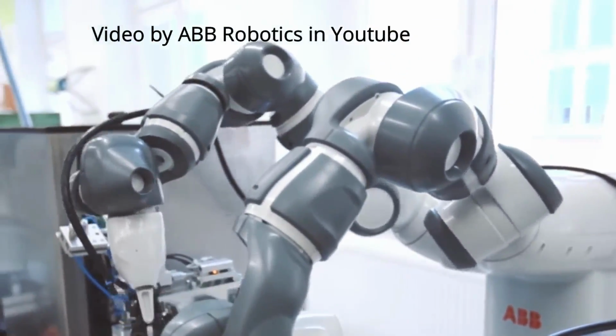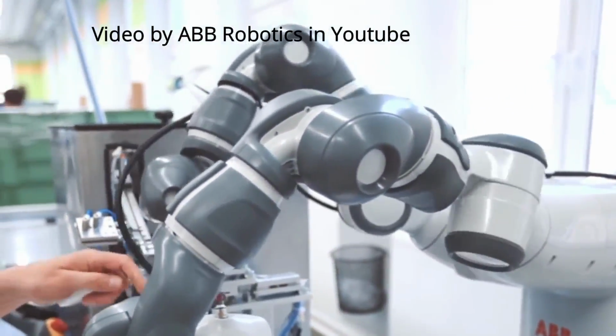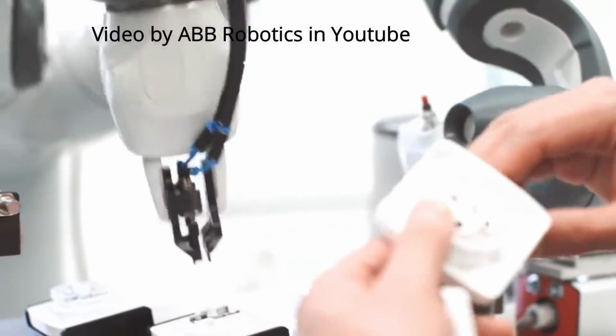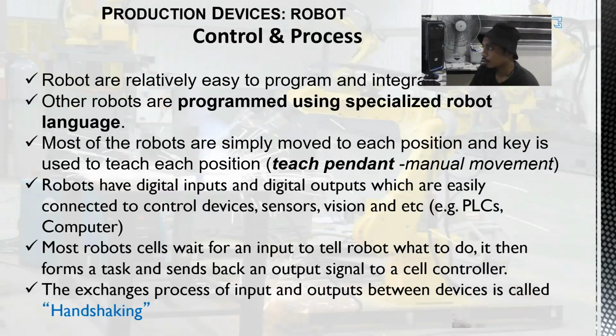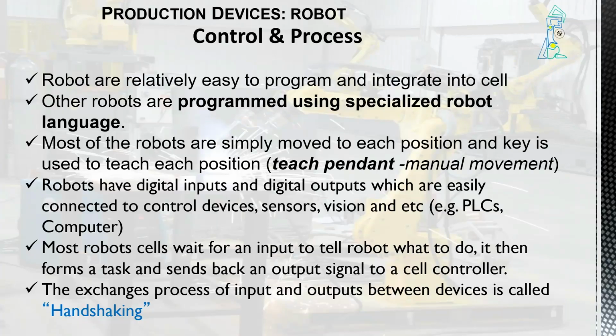Okay, so for the control process, the robots actually need a very specific task, a very specific algorithm to be programmed to work on the desired task.